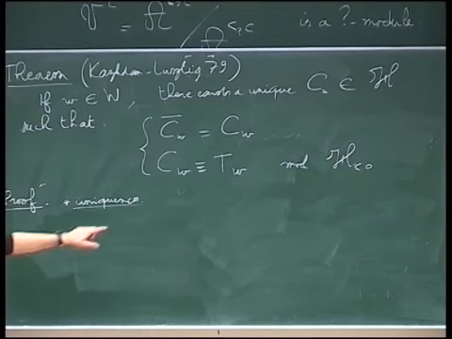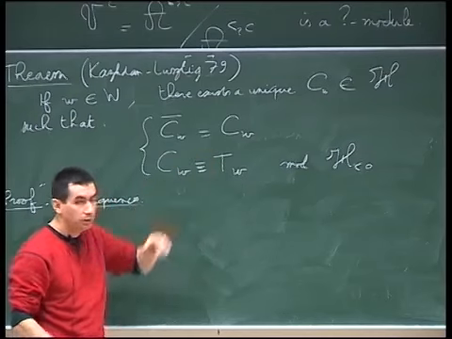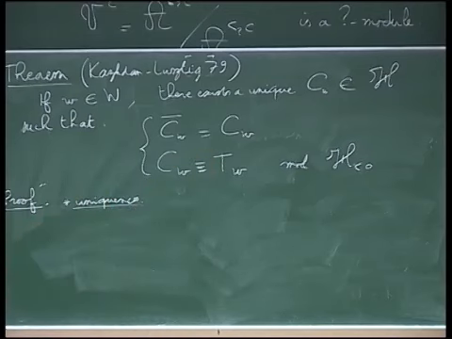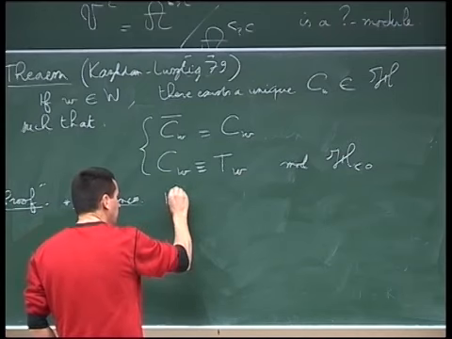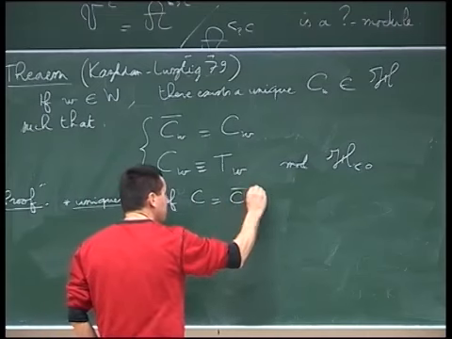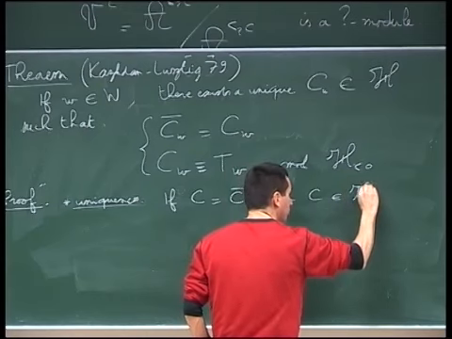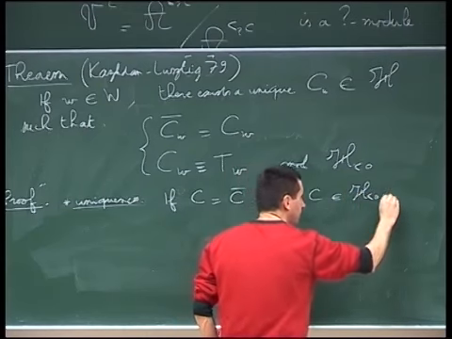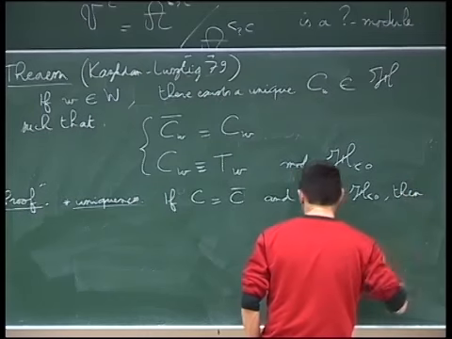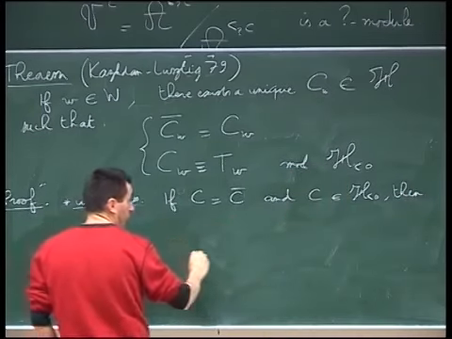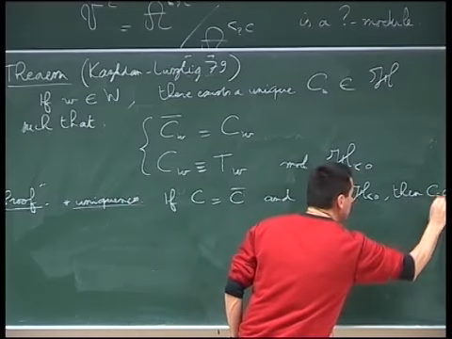If you have two solutions to this problem, you can compute the difference, and the difference between these two solutions will satisfy two properties. So if C is equal to C bar and C belongs to H less than 0, then C is equal to 0. And why?